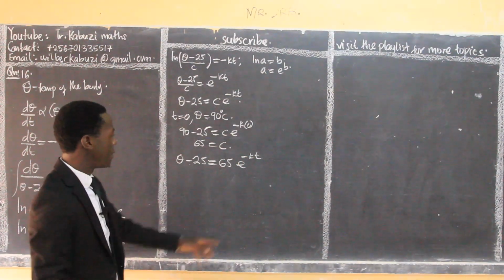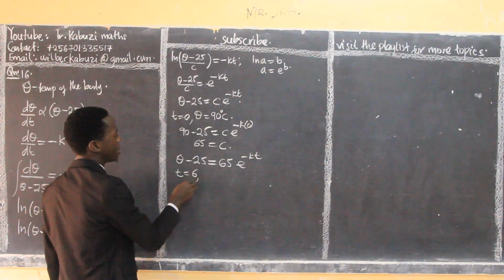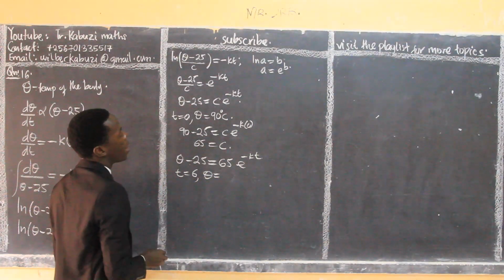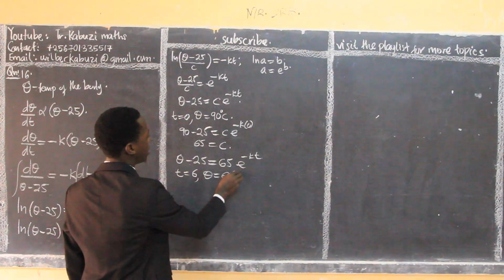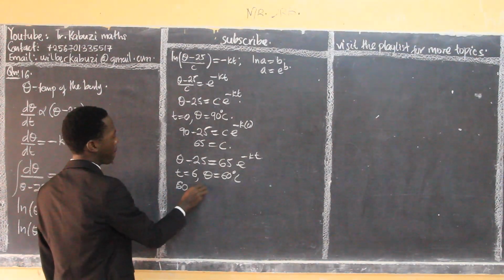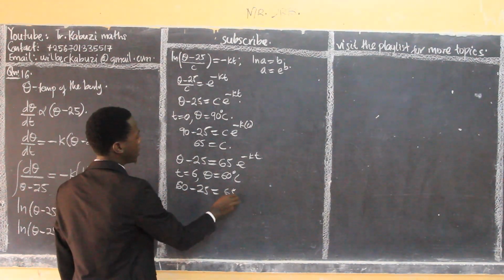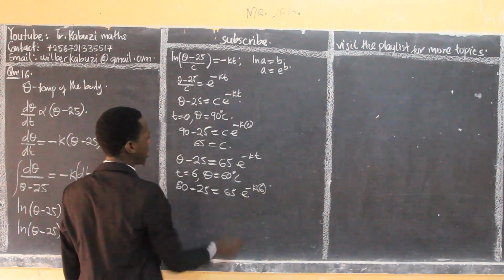Now remaining is to get the value of k. By the time they told me that after 6 minutes, the temperature of the body was 60 degrees. Put here, so 60 minus 25 equals 65 e to the negative k times 6.